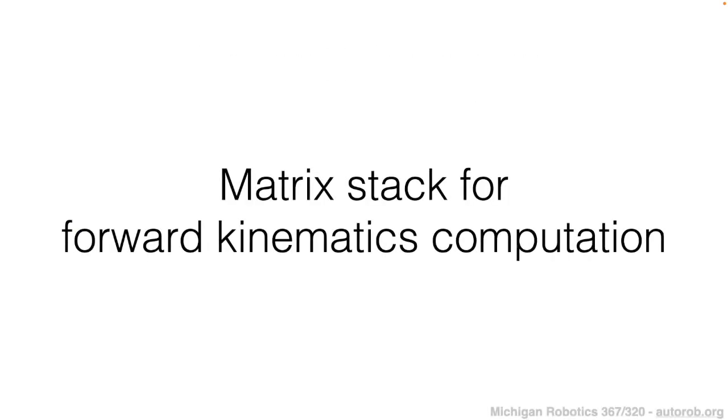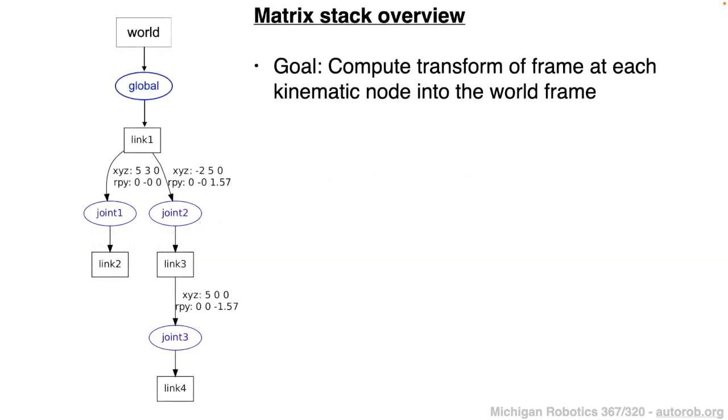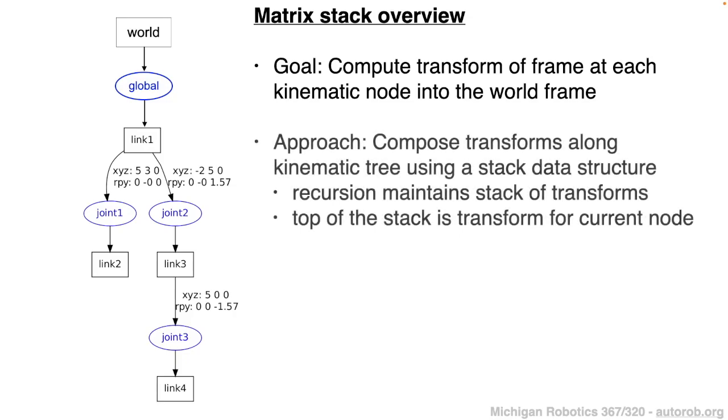The way that we're going to implement this, and what we're going to walk through now, is how we can implement forward kinematics with what's called a matrix stack, where we recurse through the tree and build up our matrix transformations. So the overview of this process: the goal, once again, is to compute a transform of the frame of reference for each kinematic node with respect to the world coordinate frame.